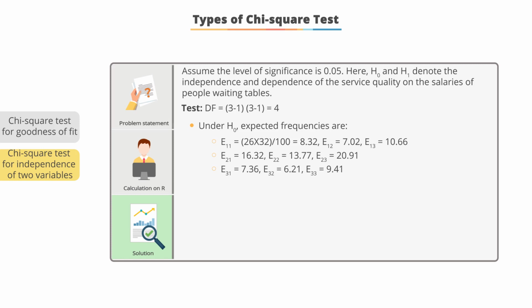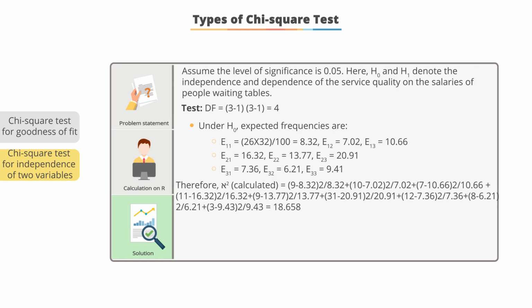Once those calculations are done, to test the chi-squared for each variable, we have to handle all those together. So we have the observed minus expected, 9.832 squared divided by 8.32, and we do that through all of the data. And we get a final value of 18.658.